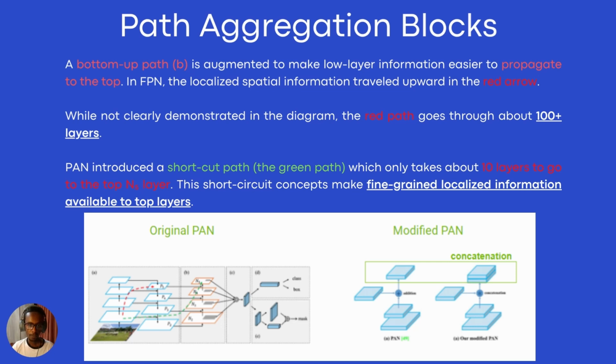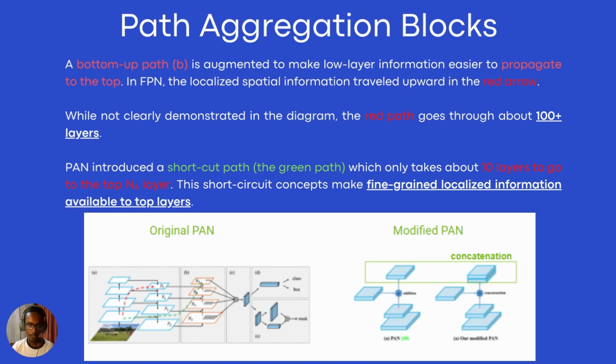And when we talked about the feature pyramid networks, we just performed the detections on the outputs from the different layers. But on the path aggregation network, we're going to combine the information received from the different layers in the bottom-up path, and we can combine them either by using an addition operation or a concatenation operation.